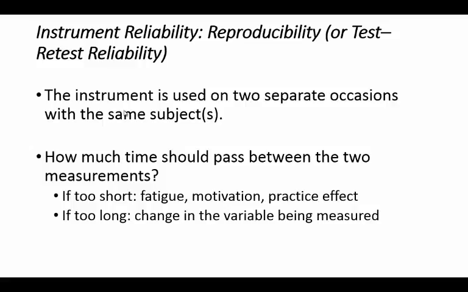It is difficult because if the time is too short between the two, and my measure is, for example, muscle strength, then the person might be fatigued. He might not be motivated to continue.